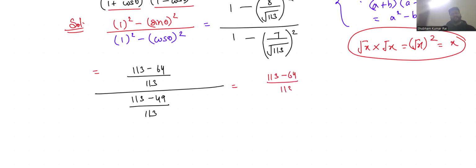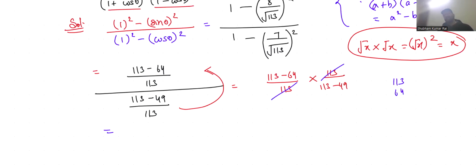And if I do the reciprocal of this, it will become 113 upon 113 minus 49. So here 113 and 113 will be cancelled. And if I do the subtraction, 113 minus 64, you will be getting the answer, right? Everyone just do the subtraction.